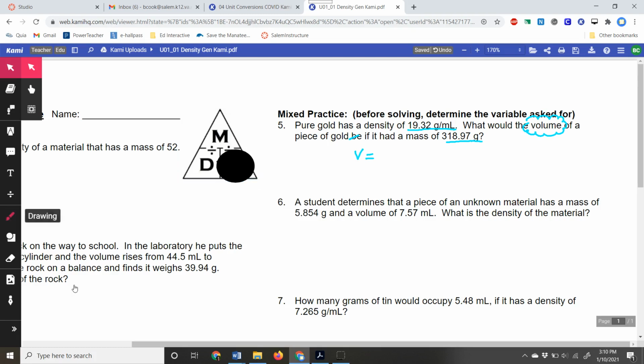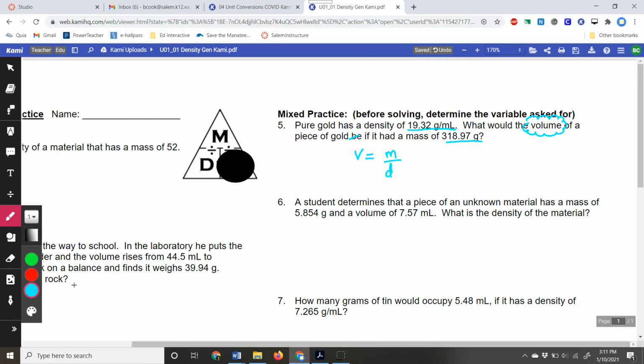So when I go back to my equation, what I'm going to write down is that volume is equal to mass divided by density. I'll plug in the values from the problem. Mass is going to be 318.97 grams, and the density is going to be 19.32 grams per milliliter.